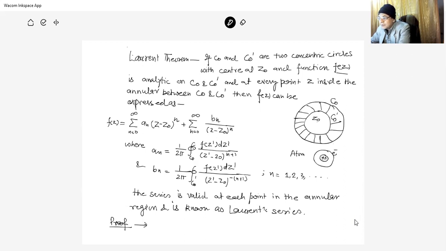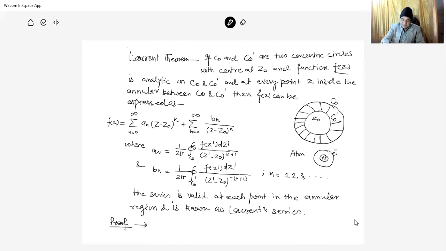Now, the law which is valid inside the nucleus is not valid outside of the nucleus. Similarly, the laws which are valid in the orbital region will not be valid inside the nucleus.